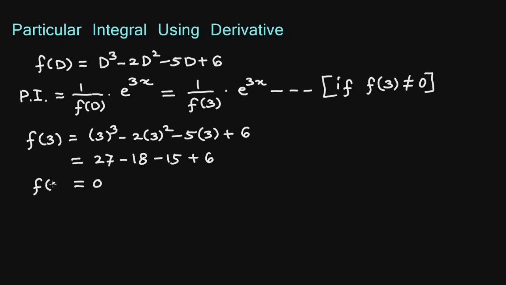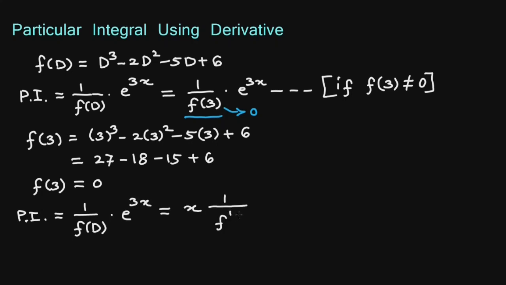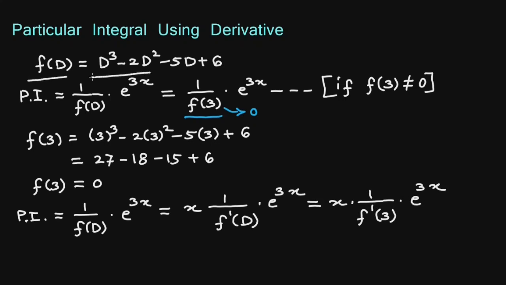So f(3) is 0. Since this f(3) is 0, what we do is we write the particular integral 1 upon f(D) e raised to 3x as x times 1 upon f dash (D) e raised to 3x, that will be x into 1 upon f dash (3) e raised to 3x. Now since f(D) is D cube minus 2D square minus 5D plus 6, f dash (D) will be 3D square minus 4D minus 5.